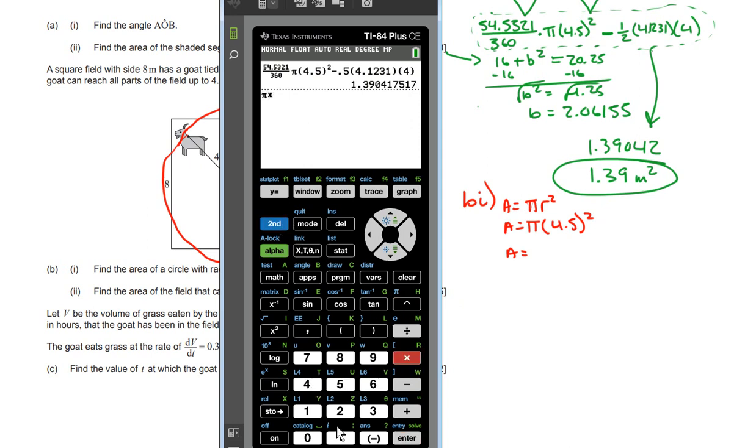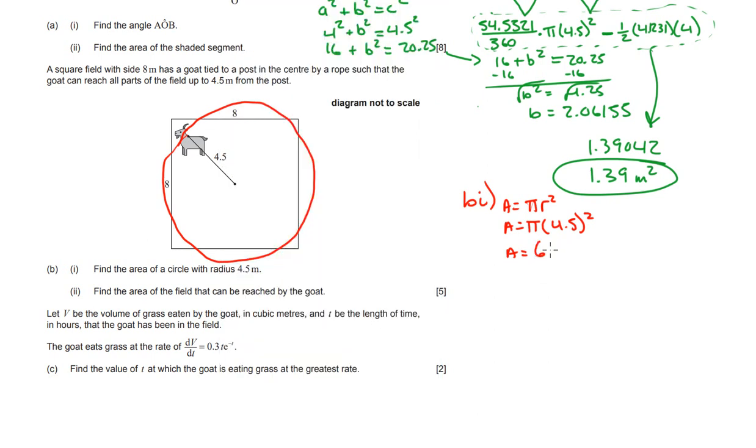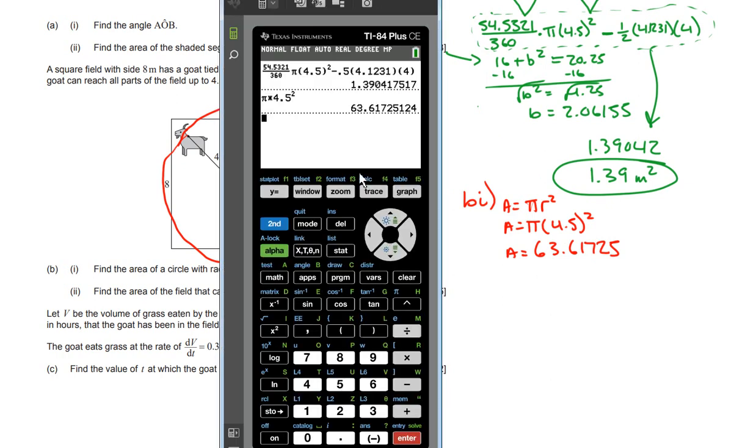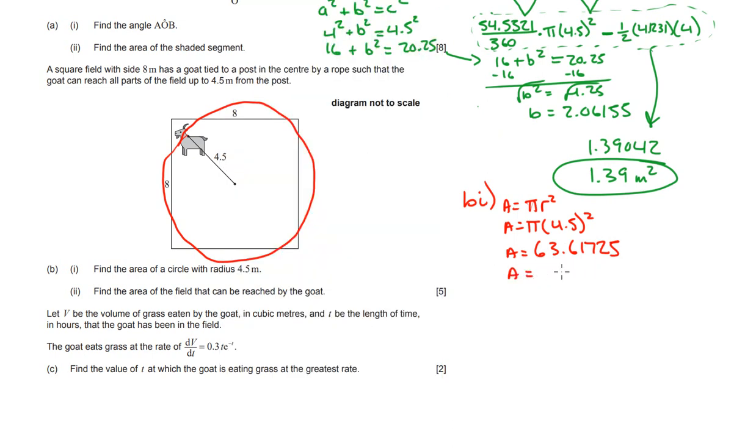Pi times 4.5 squared gives us that the area of the circle is 63.61725. But truly the area that we want for our answer is going to be 63.6, and this is all in meters, so meters squared. That's going to be the area of our circle, right?